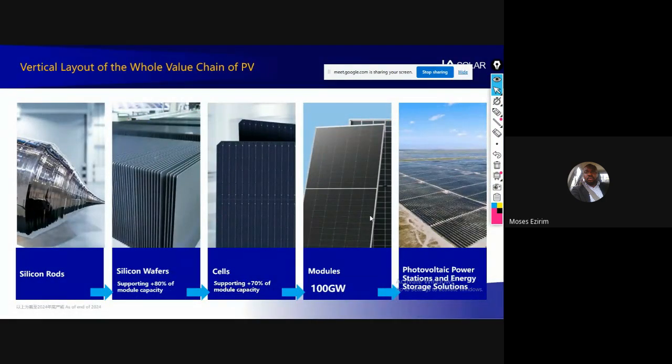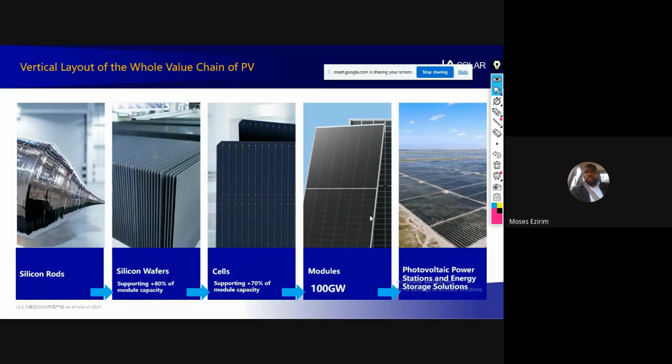Let me just go to this. So this is the value chain of our PV. At JA Solar, we don't just assemble, we actually manufacture. On the screen here, you can see the value chain and the components that we bring together to form the module: the silicon rod, the silicon wafers, the cells, and then the module itself.